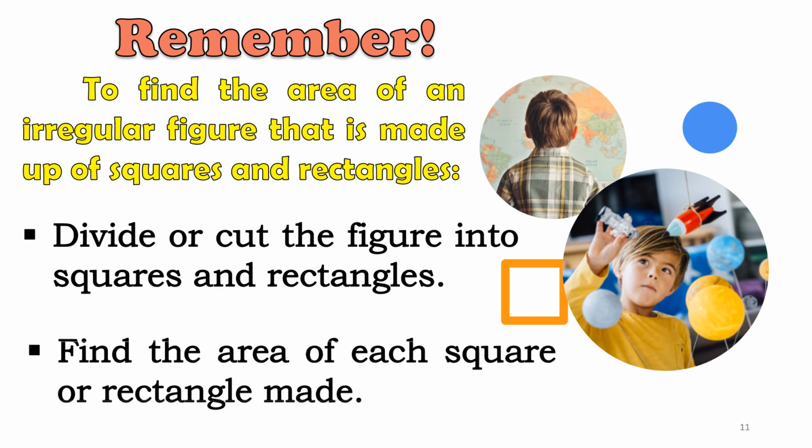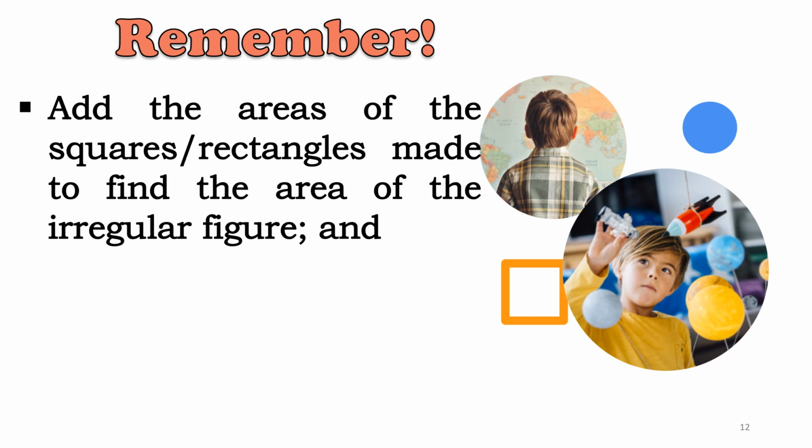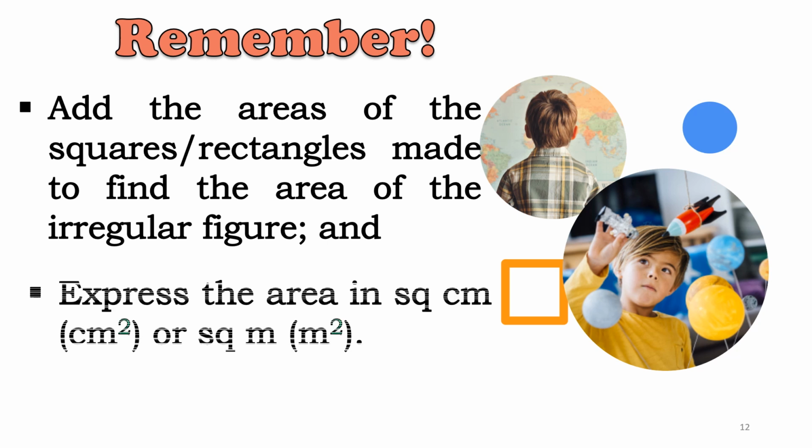Then, find the area of each square or rectangle made. After that, add the areas of the squares or rectangles made to find the area of the irregular figure, and finally, express the area in squared centimeter or squared meter.